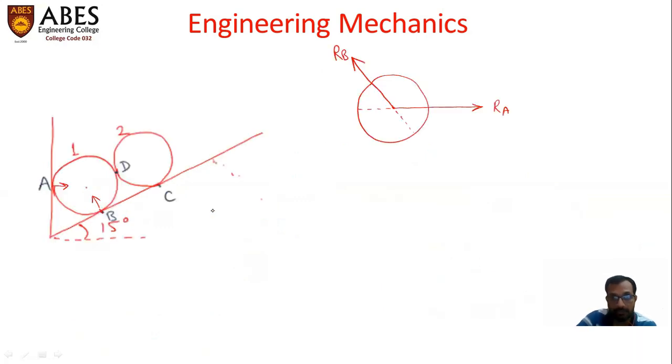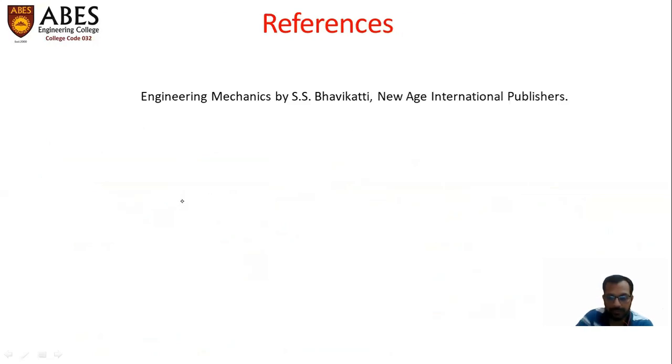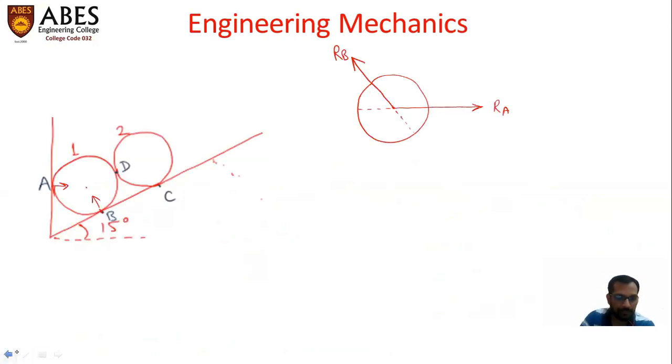Angle will be same, but the direction will be different, just opposite. So this is the reaction RD acting in the opposite direction as discussed earlier. Angle is same, 15 degrees.